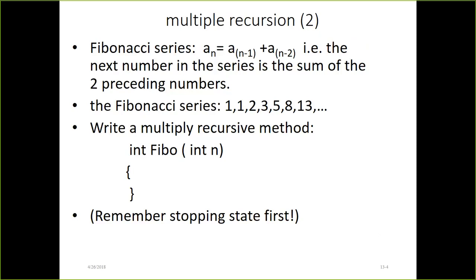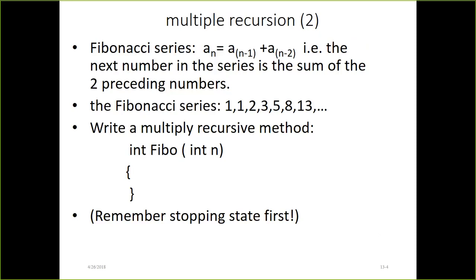Otherwise, let us think. If this is my nth Fibonacci number, this is n, and this is n minus 1, right? And this is n minus 2, right?